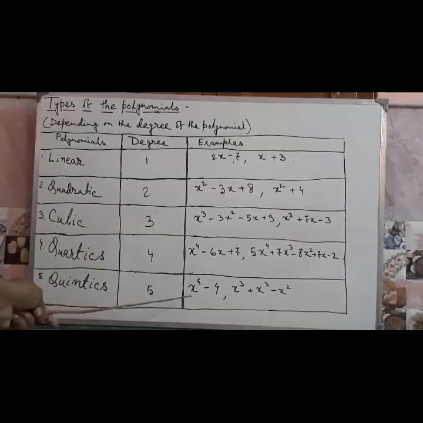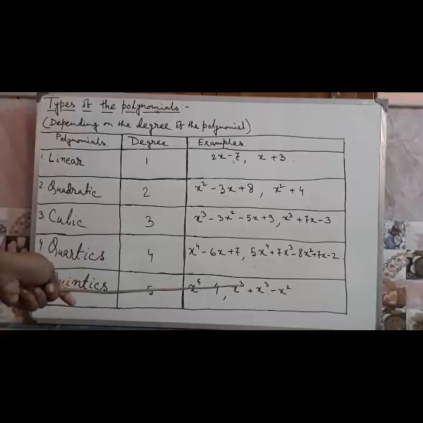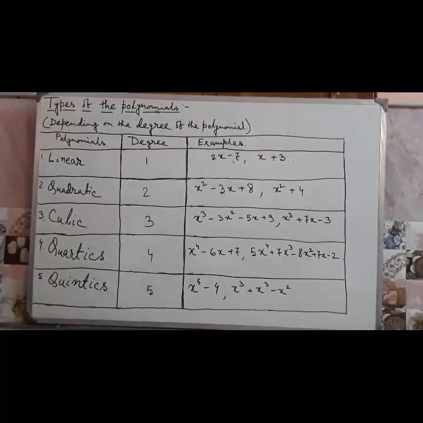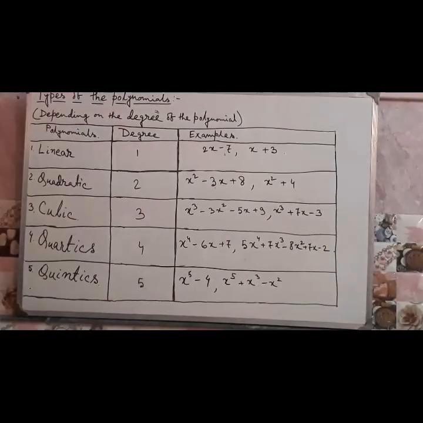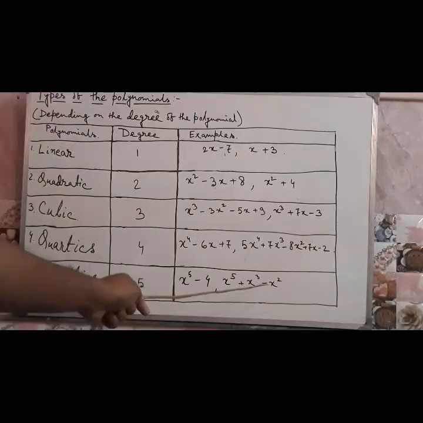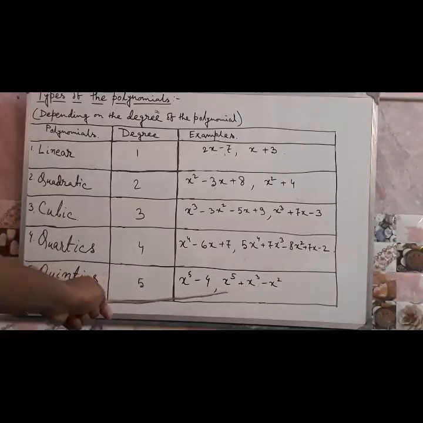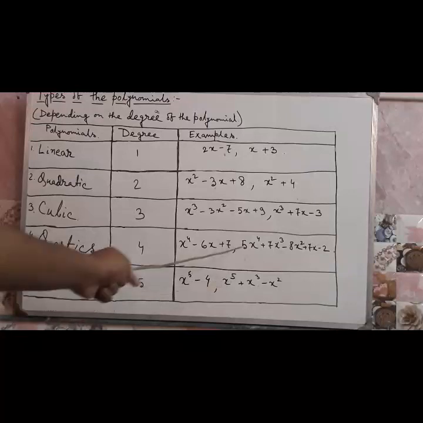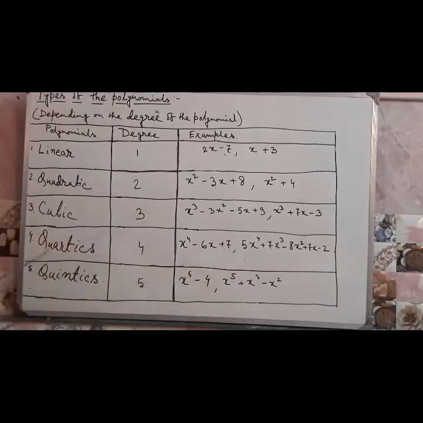Example, x to the power 5 minus 4. There was a mistake, it was written 3, it will be 5. You see, in x to the power 5 plus x cube minus x square, what is the highest power of the variable x? 5. So the degree of this polynomial is 5, so it is known as a quintic polynomial.